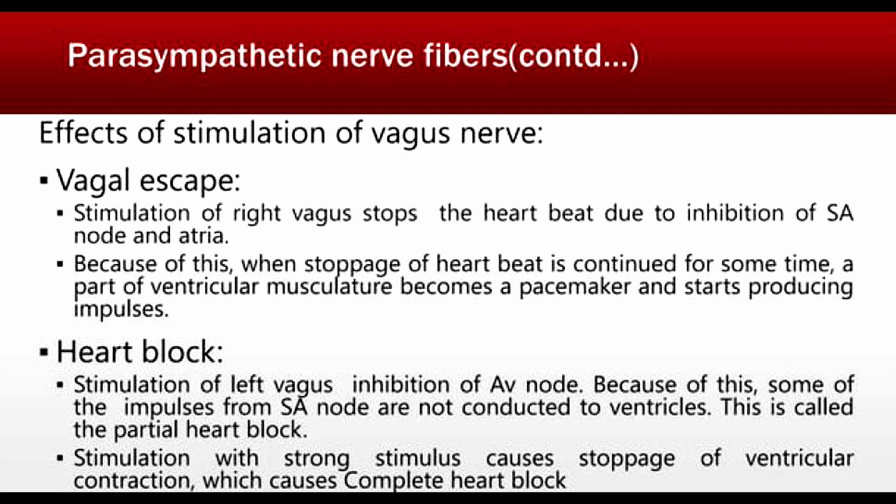Because of this, some of the impulses from the SA node are not conducted to the ventricles. This is partial heart block. Stimulation with a strong stimulus will cause stoppage of the ventricular contraction and that can cause complete heart block.